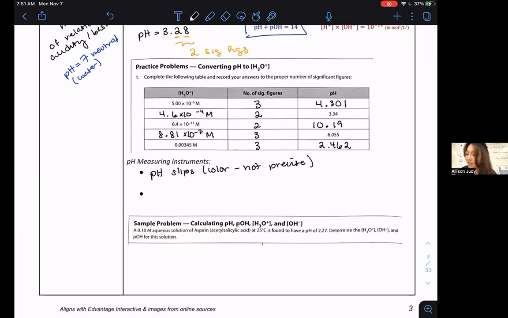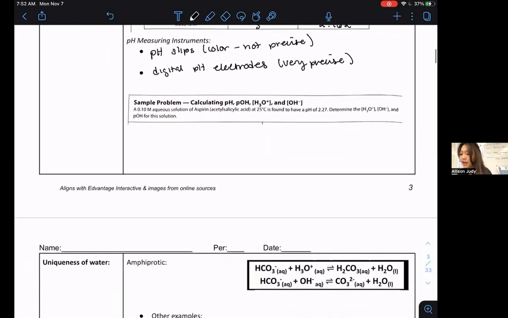And then the most precise is digital pH electrodes. I feel like some of you, if you've taken APES, have probably worked with this. Digital pH electrodes are the most precise instruments for measuring the conditions of your sample, at least accessible to high school students.